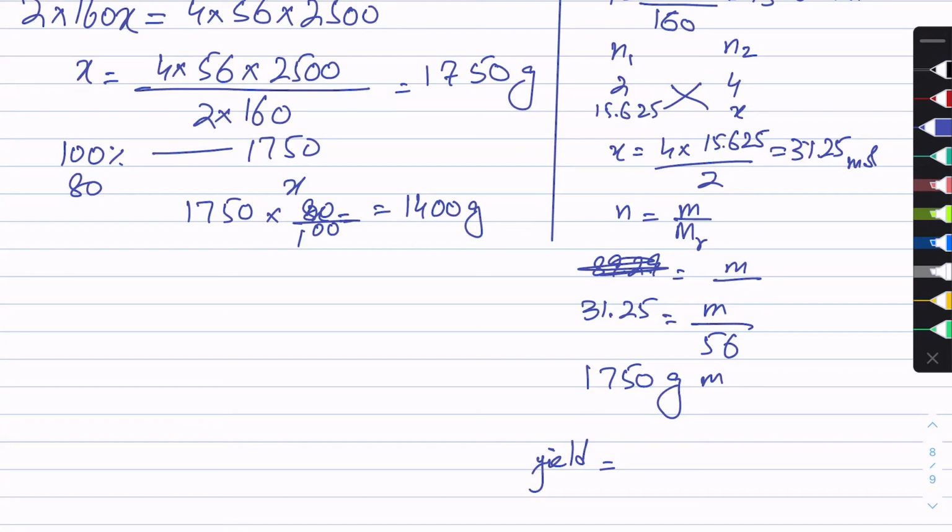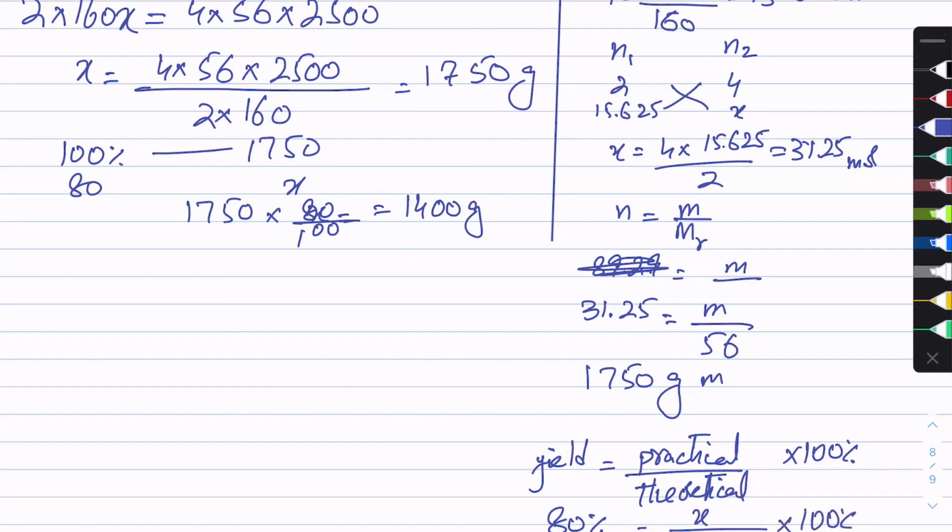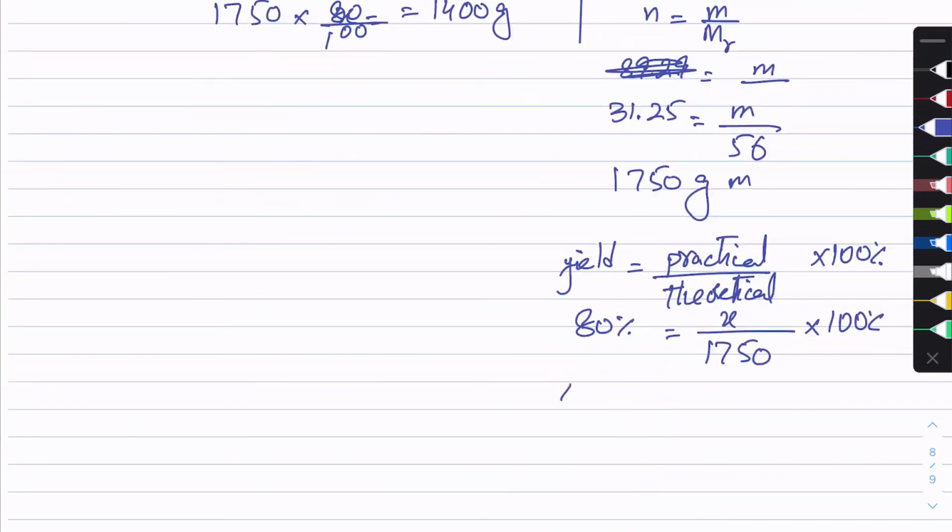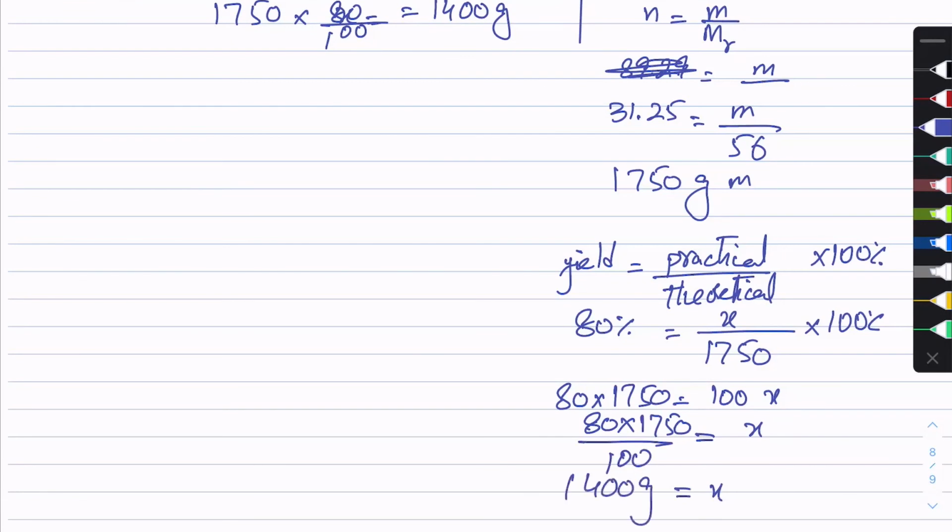Okay, so practical over theoretical into 100%. I think that's what it is. So I have 80% yield. Practical is, I don't know. Theoretical is 1750 into 100%. So now it's basic algebra. So it will come out to be 1400 grams.